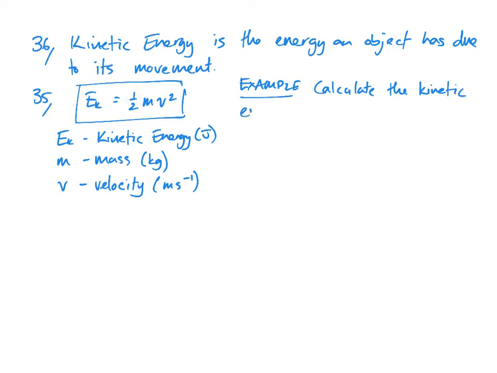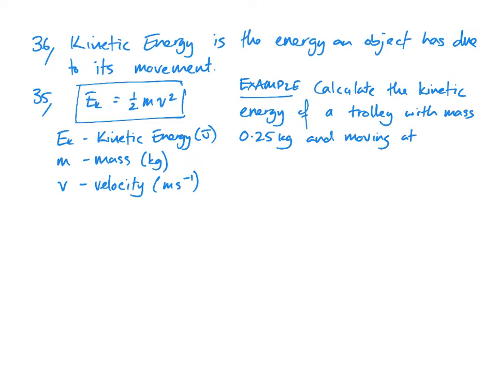Calculate the kinetic energy of one of our trolleys. The trolleys that we've used in the lab have a mass of about 0.25 kilograms, and at their fastest they're probably going about 2 meters per second.